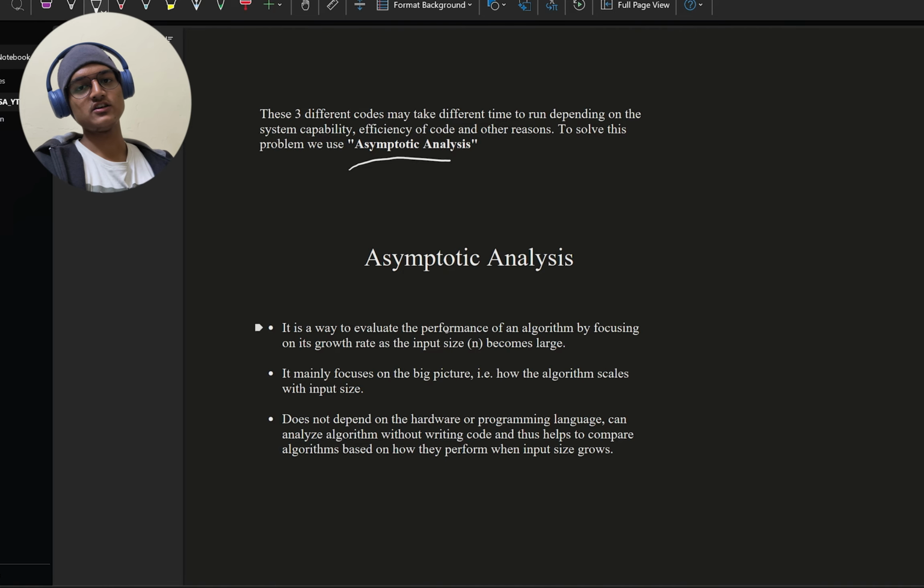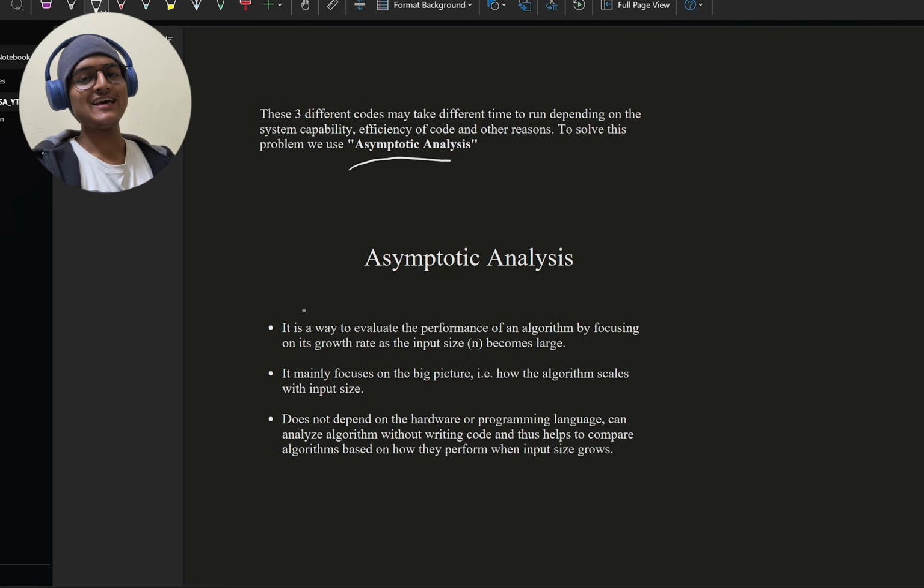Asymptotic analysis is a way to evaluate the performance of the algorithm, to evaluate the time complexity and auxiliary space of the algorithm by focusing on its growth rate rather than how the algorithm is written or what function it implements or on which device it is done. It uses a single variable, that is the input size or the growth rate, to compare the algorithm with others.